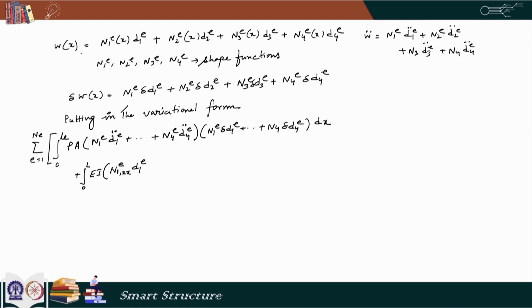So, if I want to differentiate this, I cannot differentiate d because d is not a function of x. If I differentiate, that will give me 0. So, I have to differentiate n, and after differentiating twice I get n1 comma x x and I get this as this.